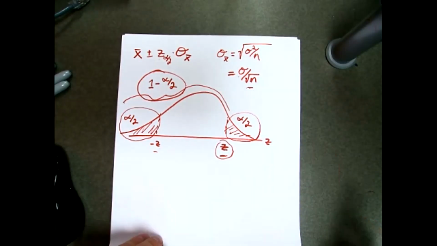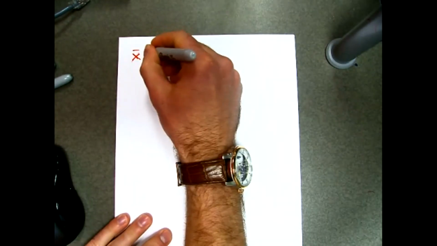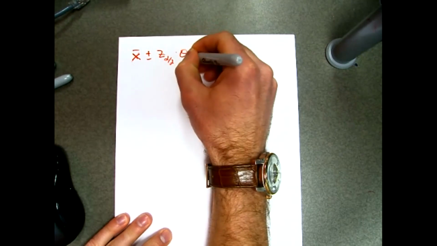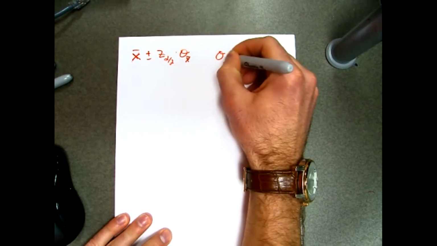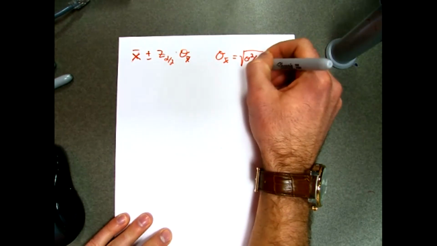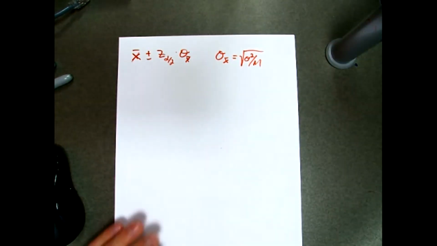So I think I'll try to give a little bit of insight to maybe make this a little bit clearer. Our confidence interval equation for our sample mean looks something like this, right? And we knew the standard deviation of our sample means is equal to this guy. Okay.